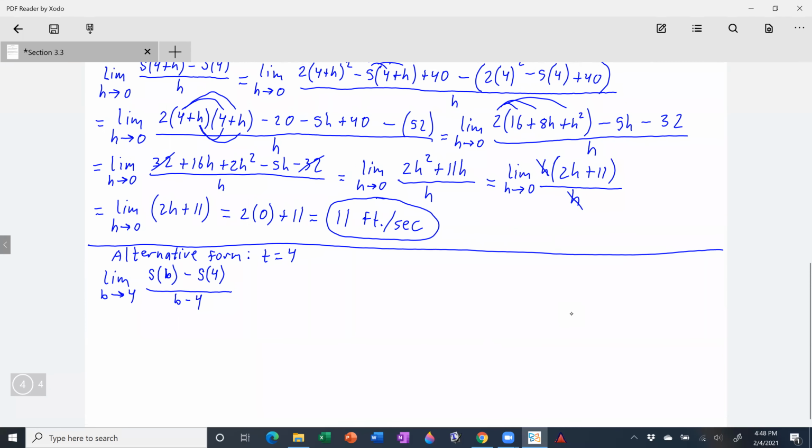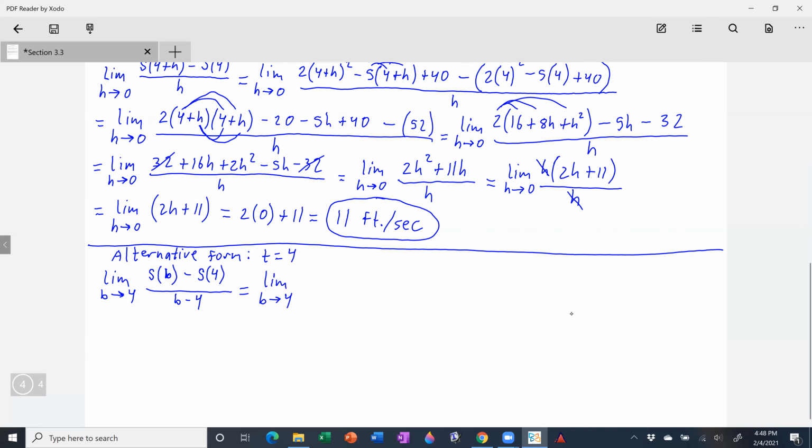Okay, now notice if we tried to do direct substitution and we plug in b is 4, then we get that divide by 0 situation. And so go ahead and just evaluate everything, and there should be some nice canceling, and hopefully we get that same answer of 11. Okay, so make sure you write limit each time. Limit as b goes to 4.